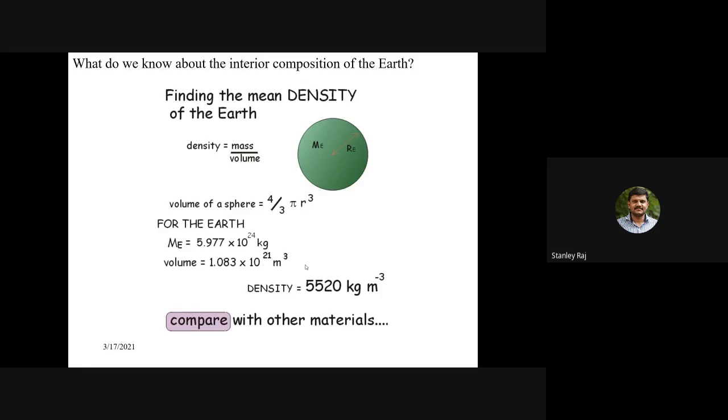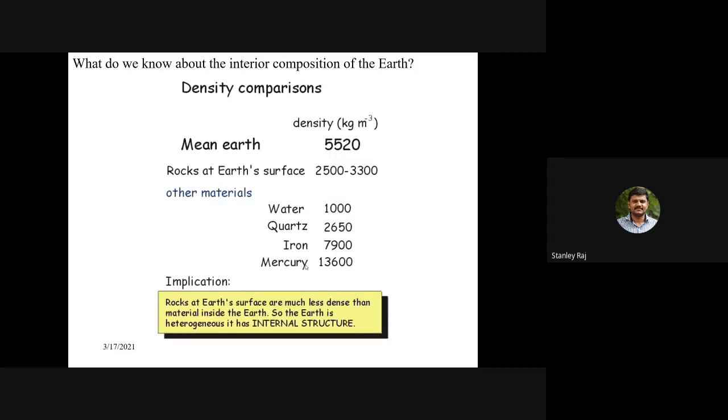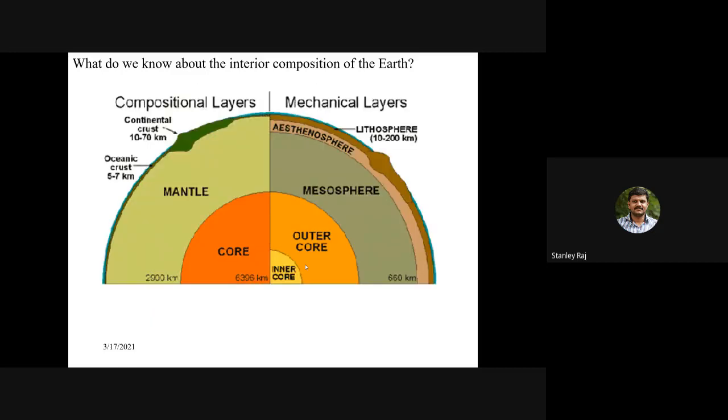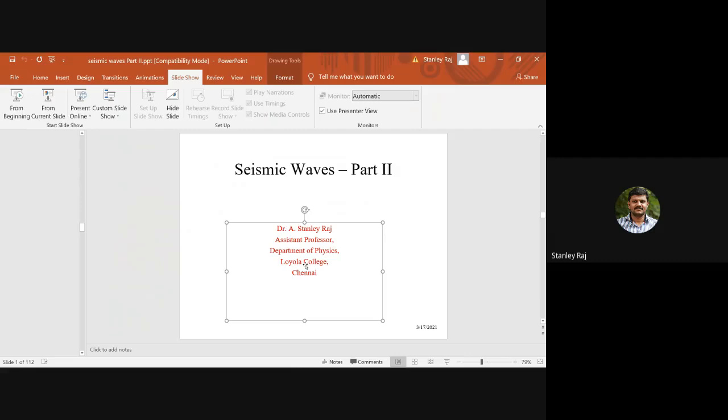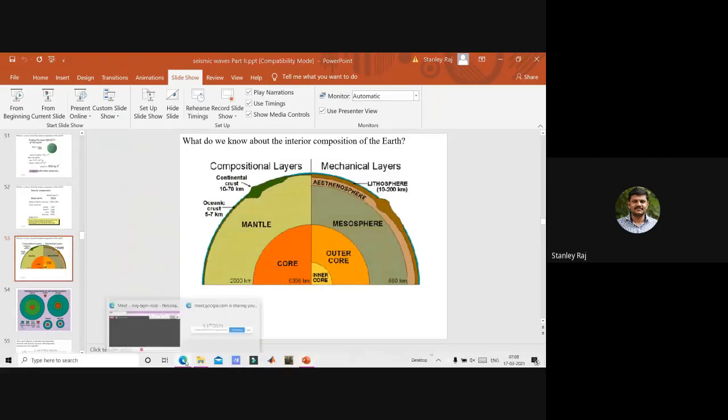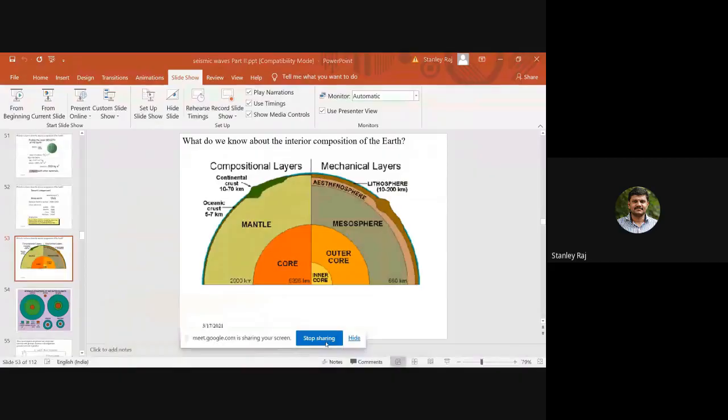This is the basic thing: finding the mean density of Earth. The density of Earth can be obtained using small equations. So that's all for today. Let us wind up this session. Today we saw a lot of discussion about seismic waves, how they travel and how they propagate.